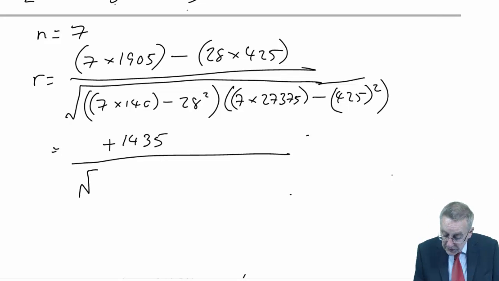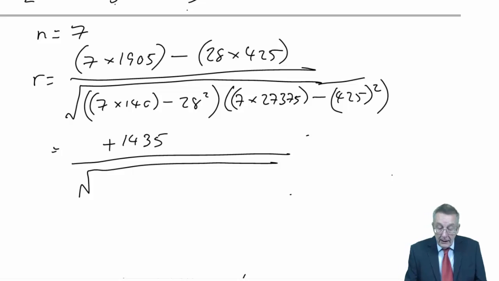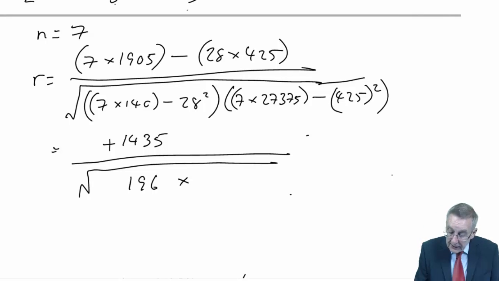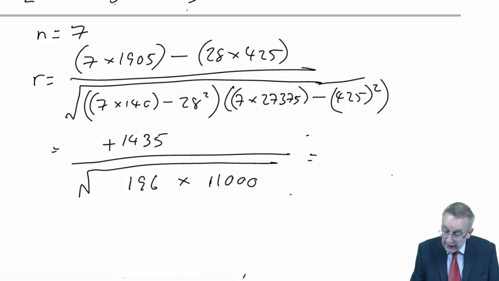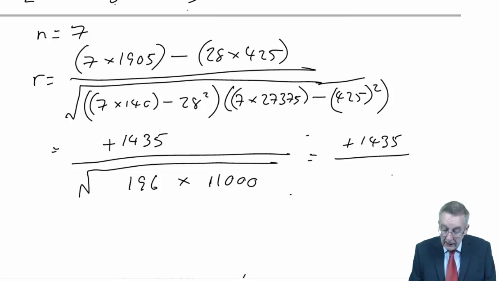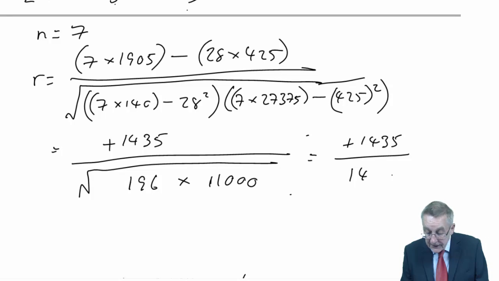Divided by the square root of 7 times 140 minus 28 squared, which is 196, times 7 times 27375 minus 425 squared, which is 11,000, which is 1435 over 1468.